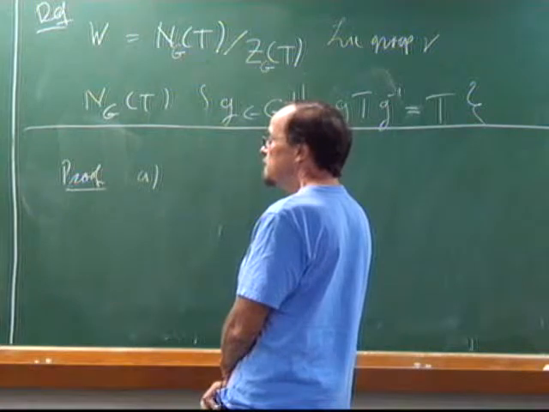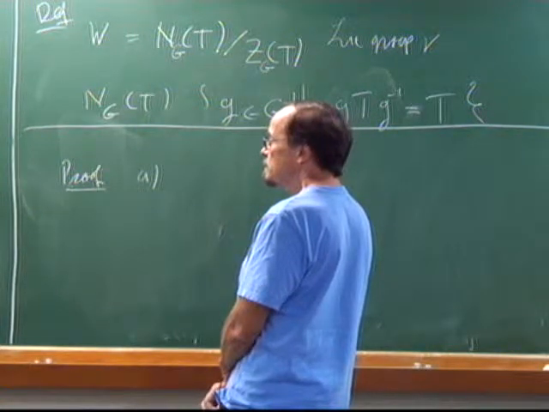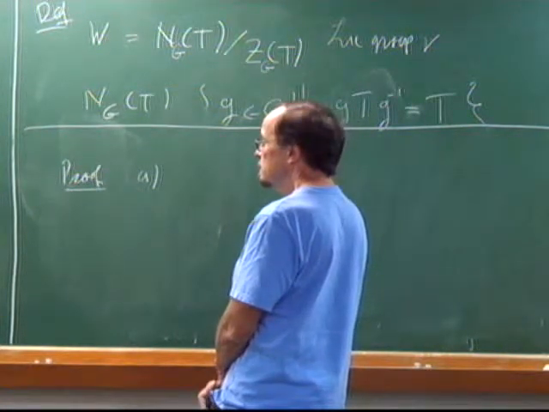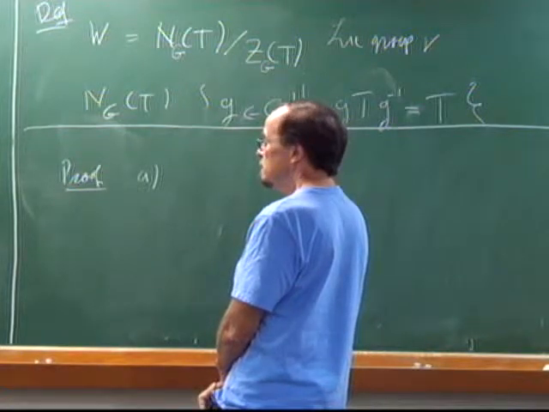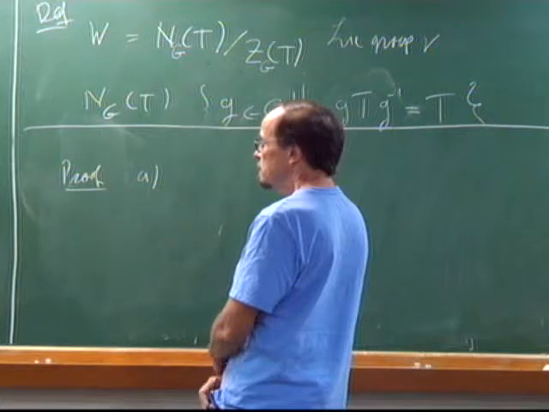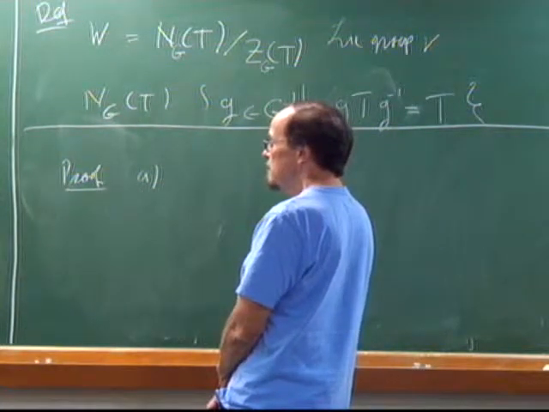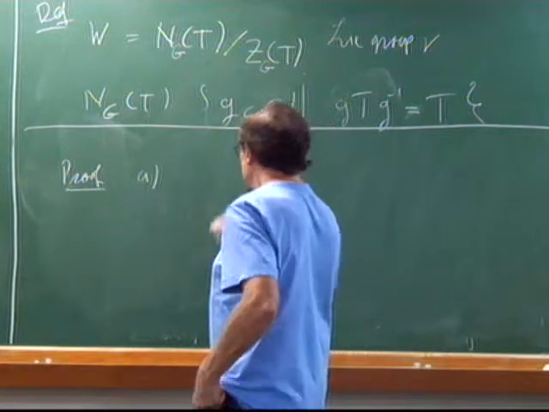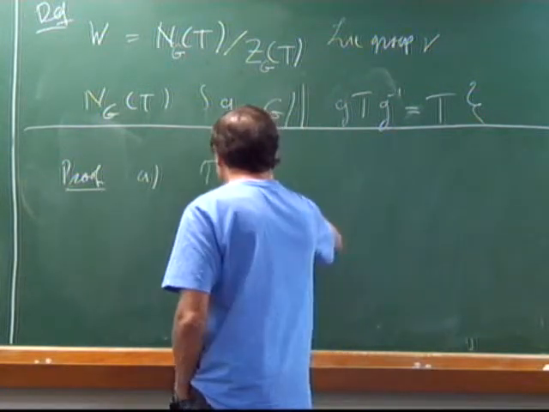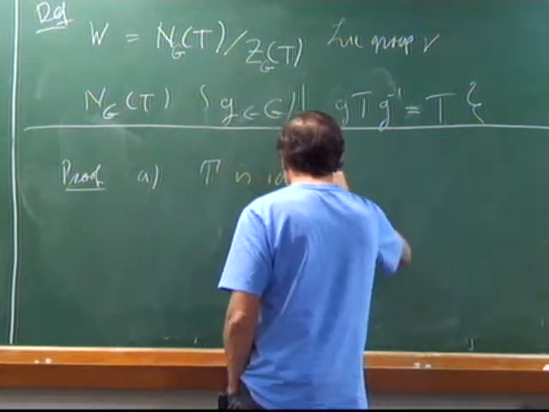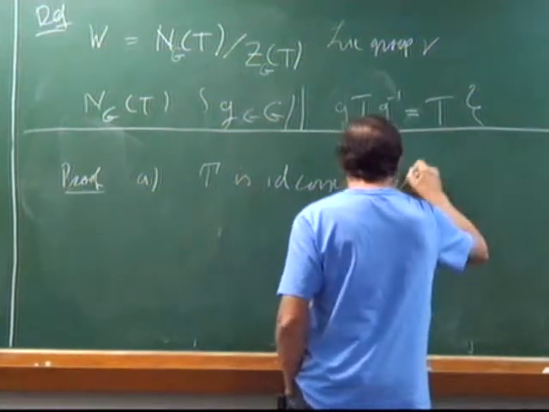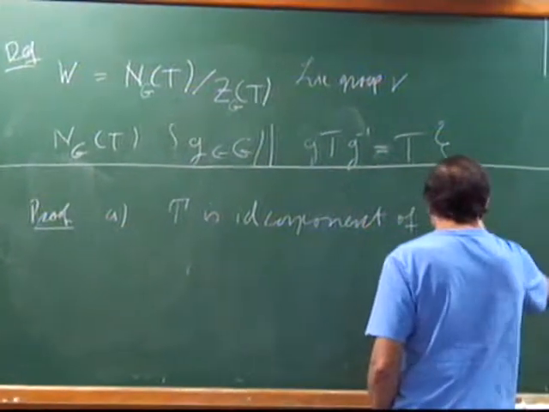W is finite. I know the normalizer is compact inside G. So I guess I want to show that T is the identity component of the normalizer.